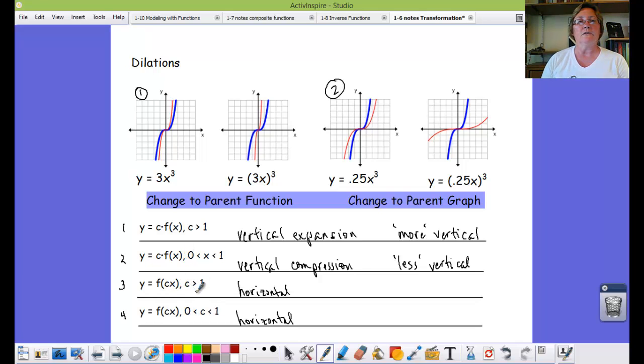Inside multiplier greater than 1, which would make it this guy right here. As you look at that, now we want to think about this in terms of what's happening horizontally, and I'll tell you what, this is getting less horizontal around the middle. See how it's going away from the horizontal axis? This is a horizontal compression.